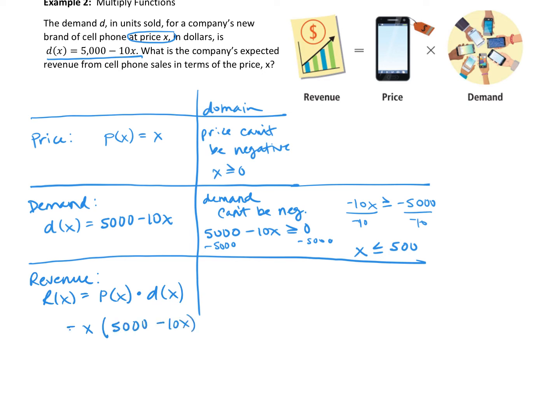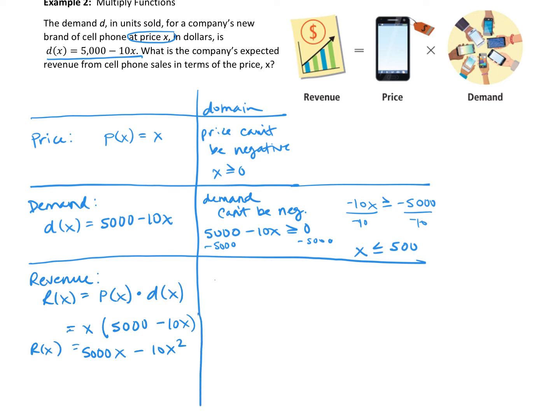And then we're just going to simplify that. We can go ahead and distribute that x. We're going to get 5,000x minus 10x squared. And that is the revenue function. It's price times demand. So 5,000x minus 10x squared.